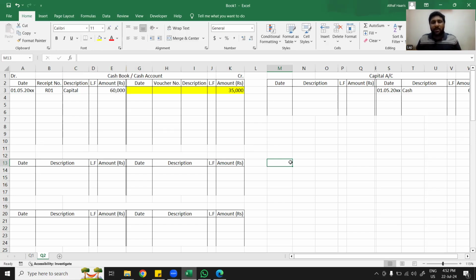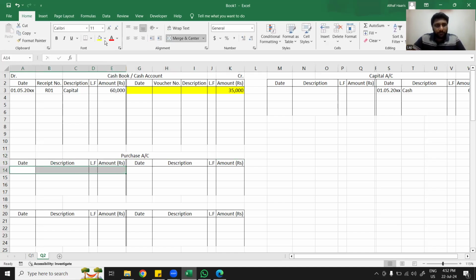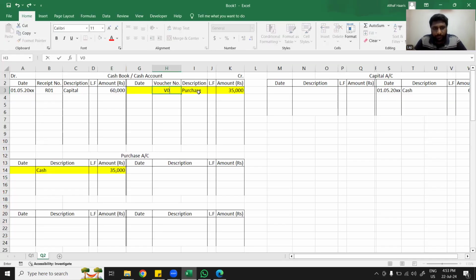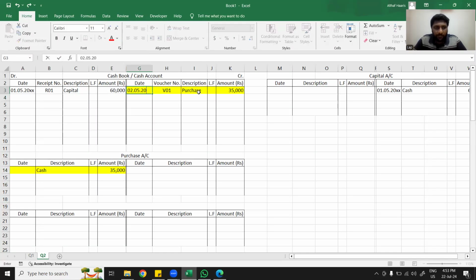Purchase of the main stock, the goods, the inventory is recorded in the purchase account. Cash, purchase. What's the number? 1. Date 25 20XX.